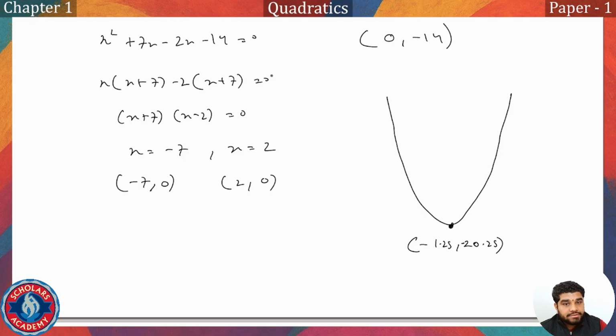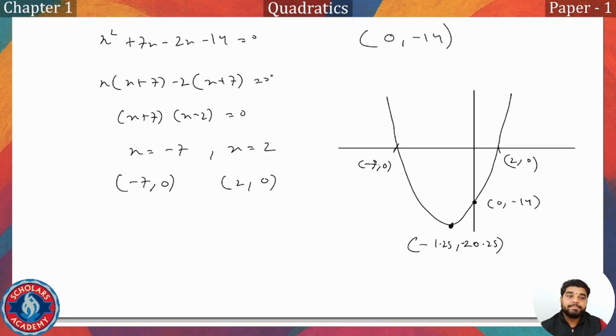All right, so we can take it over here. So this is negative 7 comma 0 and this is 2 comma 0, and we also have the intersecting point with the y-axis, somewhat over here. So this point is 0 comma negative 14. I hope I made it clear.